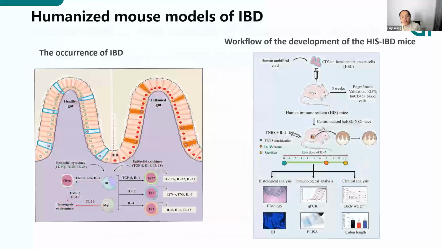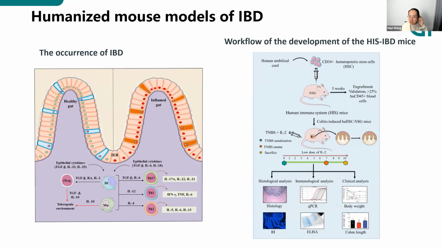The second most common autoimmune disease is IBD. This is the regulation of intestinal homeostasis in healthy and IBD inflamed gut.